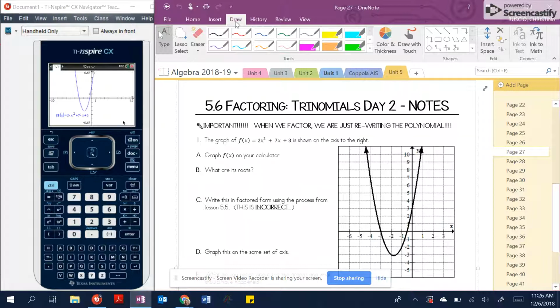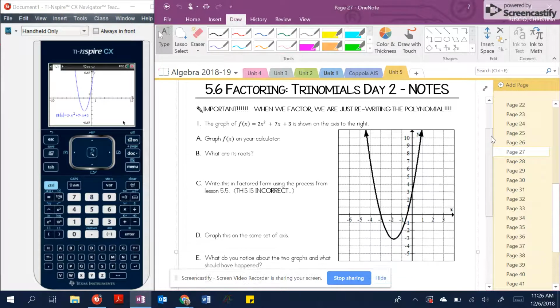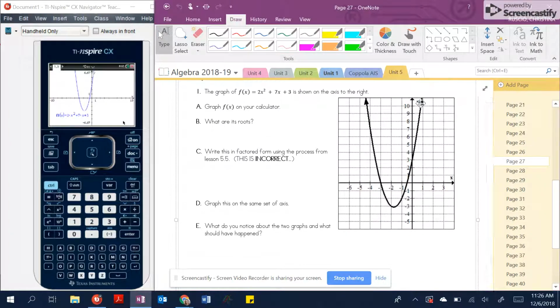So if we look at the graph of f of x equals 2x squared plus 7x plus 3 that's shown over to the right, I also graphed it on my calculator. You should be doing the same. It asks us to find the roots. So for me, the roots look an awful lot like they are at, first of all, I'm pretty certain that it's x equals -3, and I'm almost positive that it's x equals -0.5, but I'm not sure about that one.